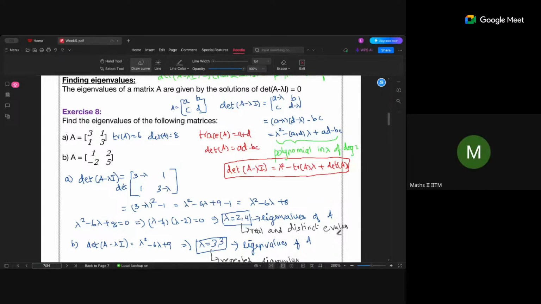So let me see whether I can give an example where you have complex roots. Just a minute.